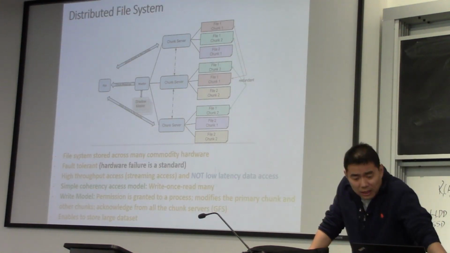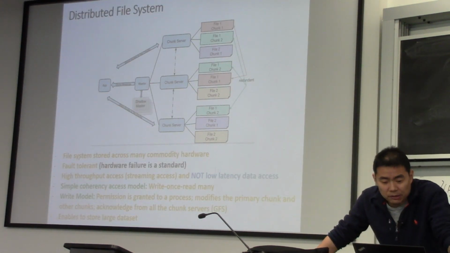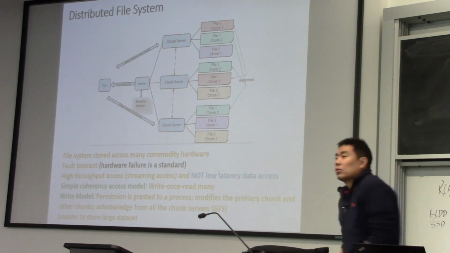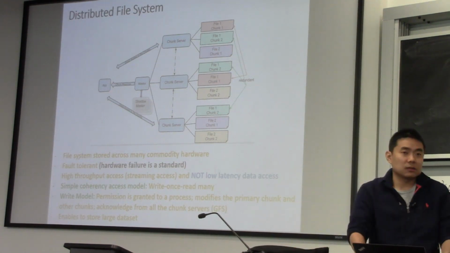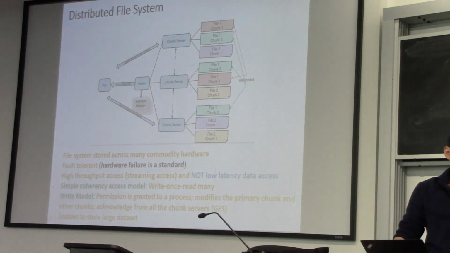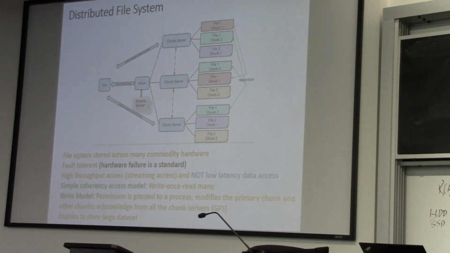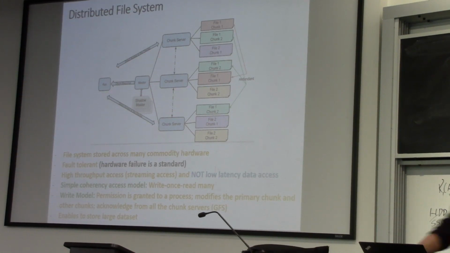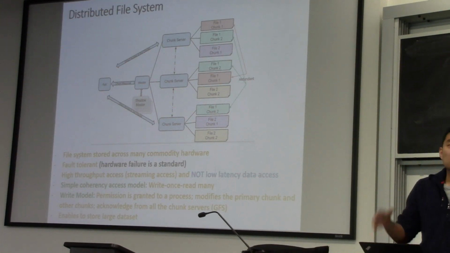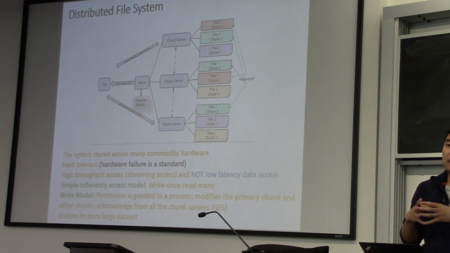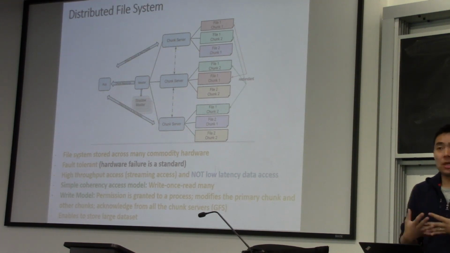So the first thing you want to understand is called a distributed file system. Our computer, I don't know whether you know or not, comes with an operating system as well as a file system. And a file system on a single node is capable of managing files only from that one machine.